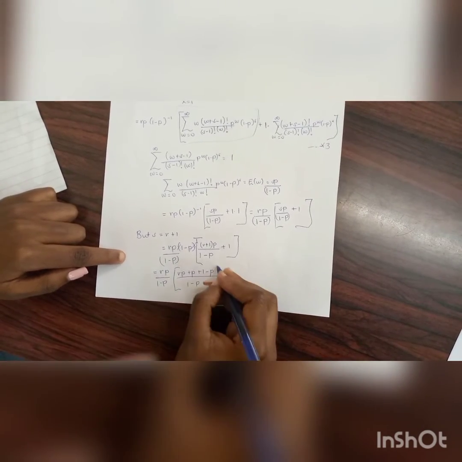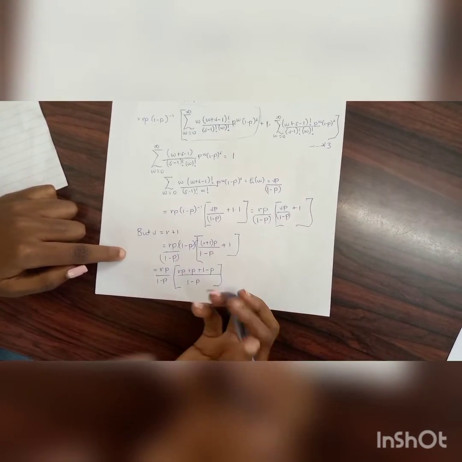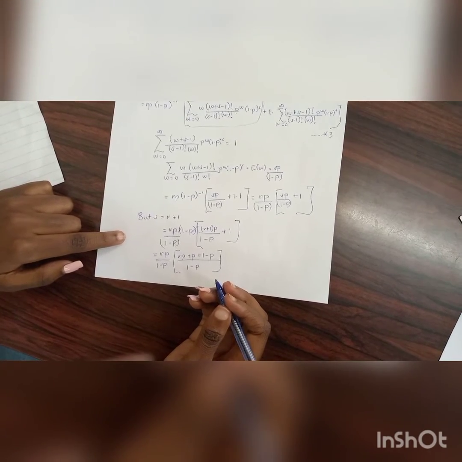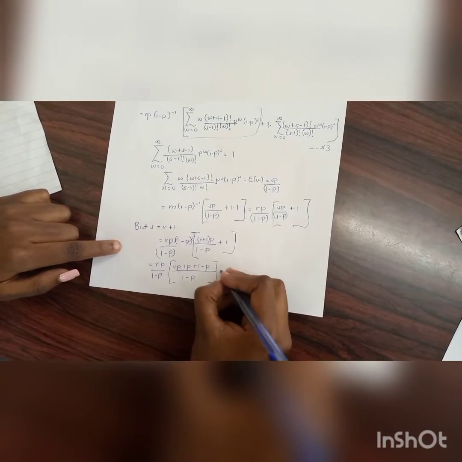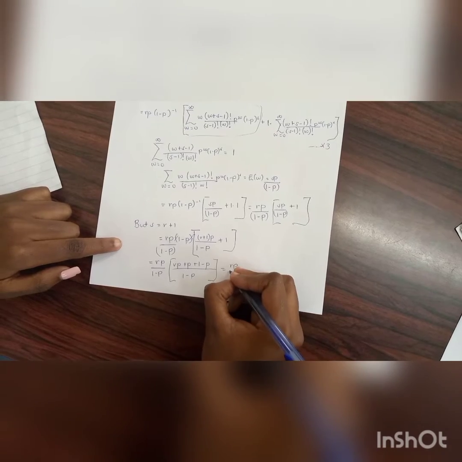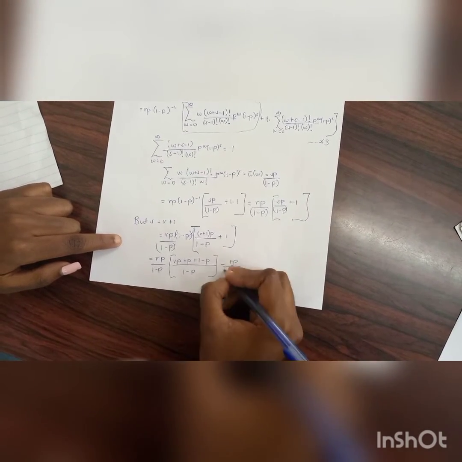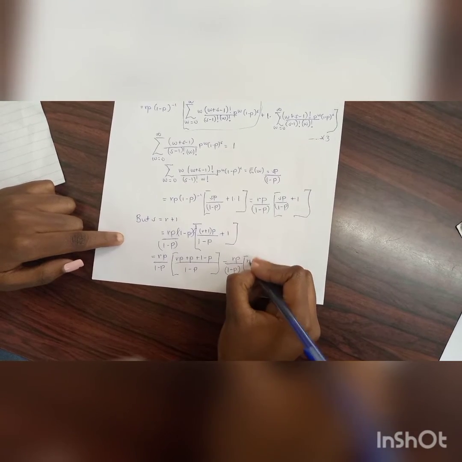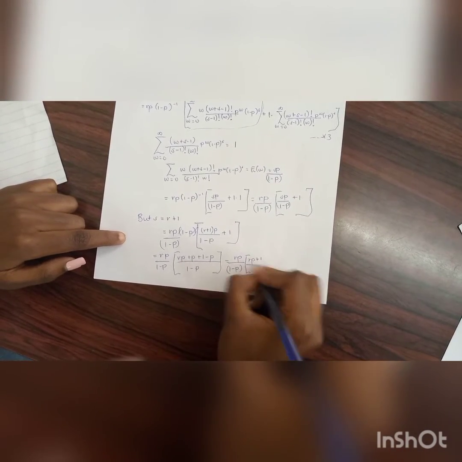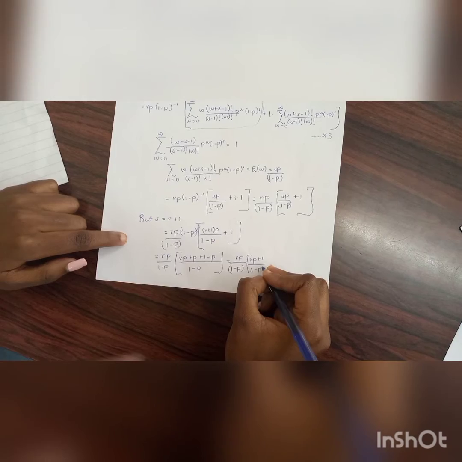In this case, we are taking the LCM. Therefore, if we continue, we shall have rp over 1 minus p be equal to (rp plus 1) over p.